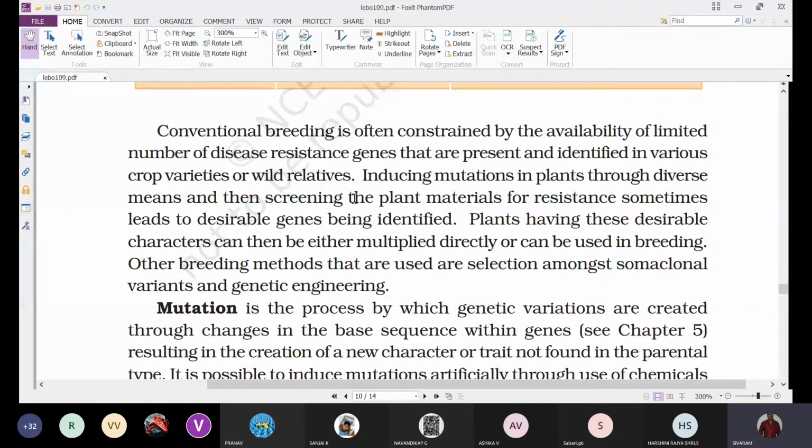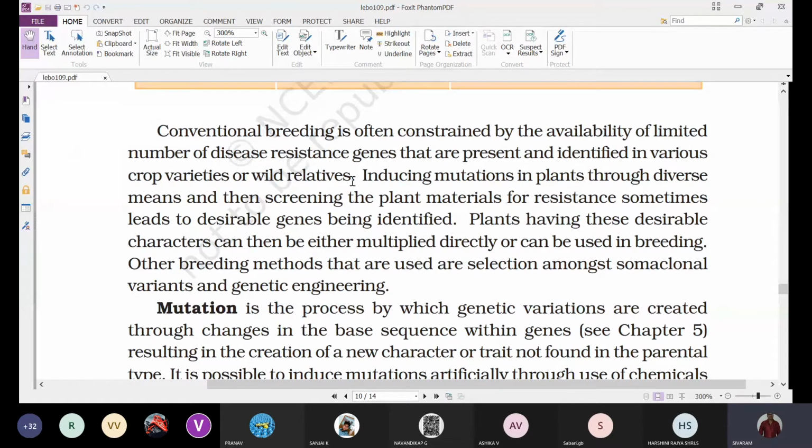Next, breeding is often constrained by the availability of a limited number of disease-resistant genes that are present and identified in various crop varieties or wild relatives. That means we don't find many plant varieties showing disease resistance.